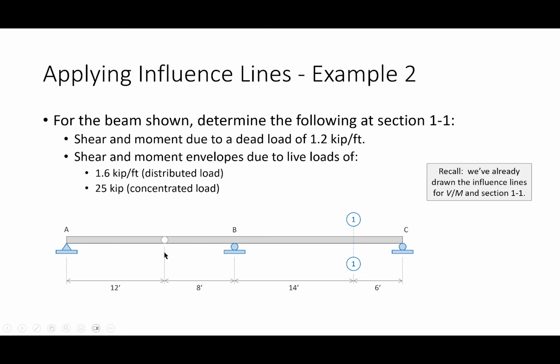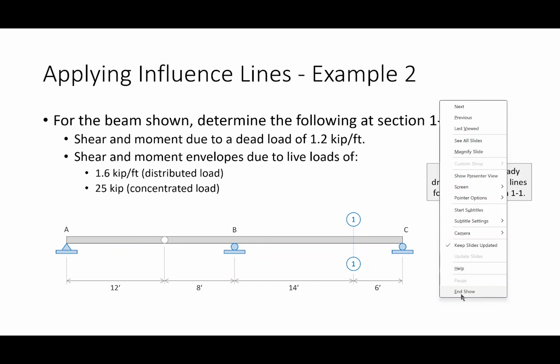Okay, so I want to explain how influence lines work in regards to dead load and live load, and we're going to do that with this example. One of the things worth mentioning about this example is that we've already drawn influence lines for it. This was our second influence line example, so we had already drawn the shear and moment influence lines for this section, and so we're just going to use them, but I'm going to remind you of them and then sort of recopy them.